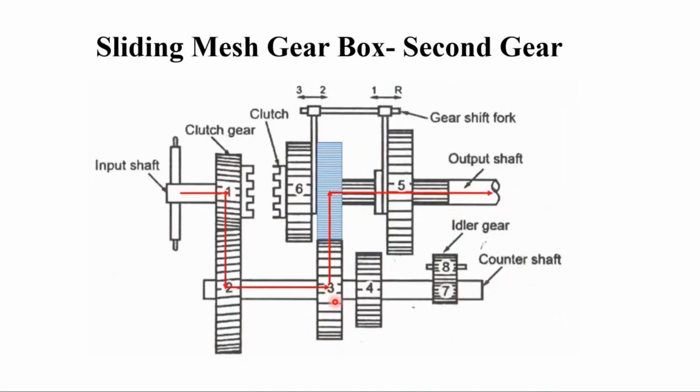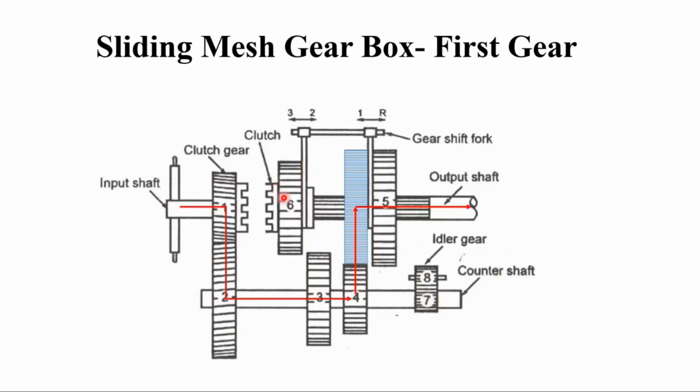So now again, this is the sliding mesh gearbox when it is operating at the second gear. You can see how the power flow happens here. During the second gear, what happens? This is gear 6.